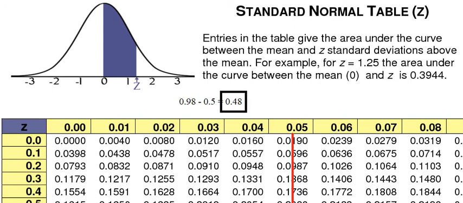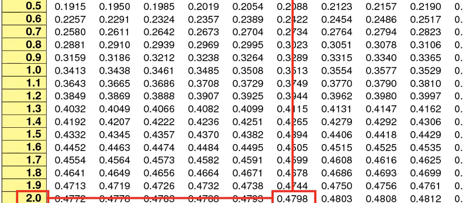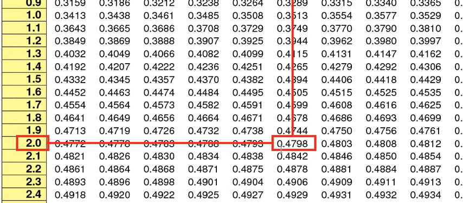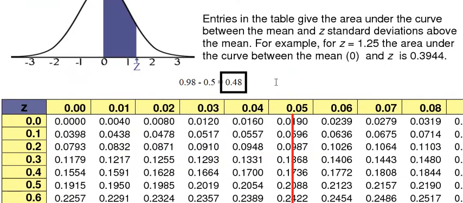Now we use this table and we can find the probability is about 0.4798, and that corresponds to a Z of 2.05.